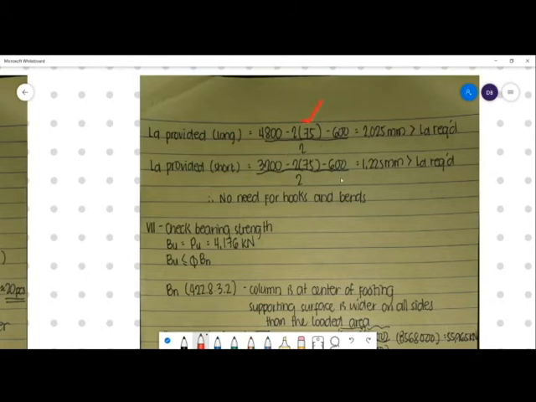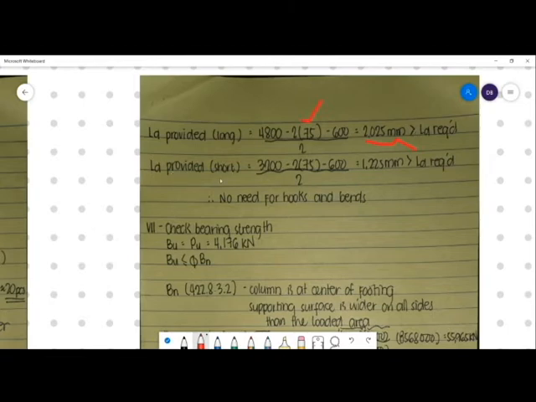When we computed the required reinforcement, that was the only part we considered for tension. This is LD provided for long direction, 2,025, greater than LD required.